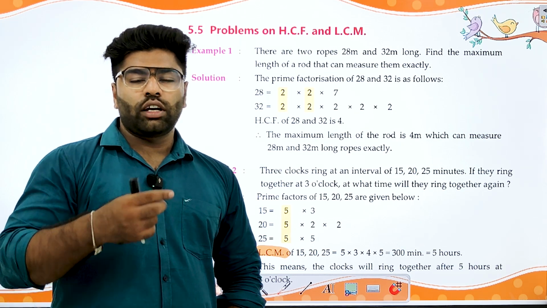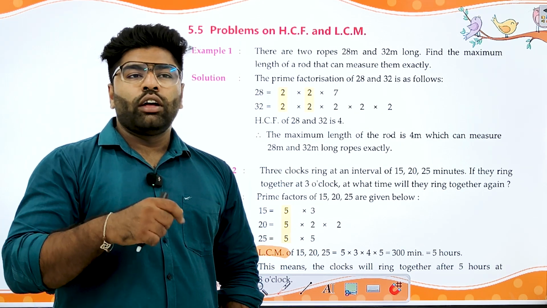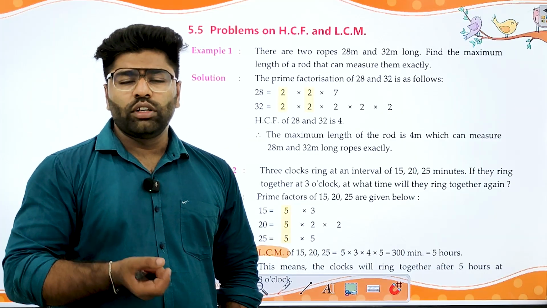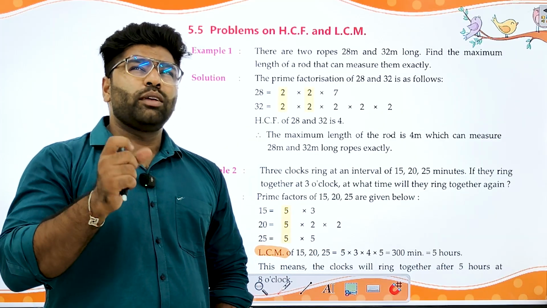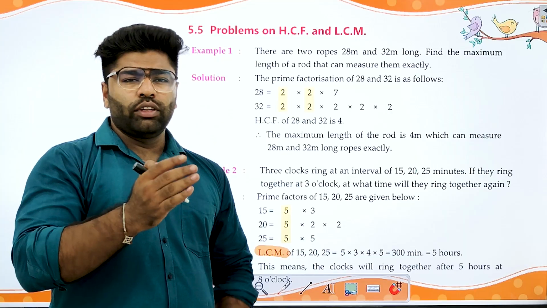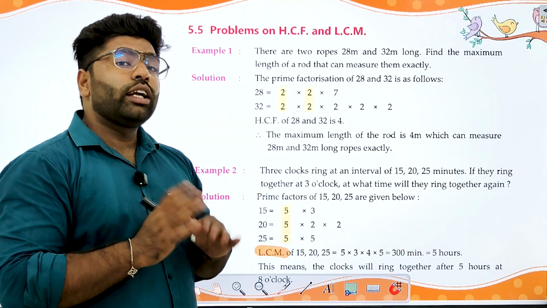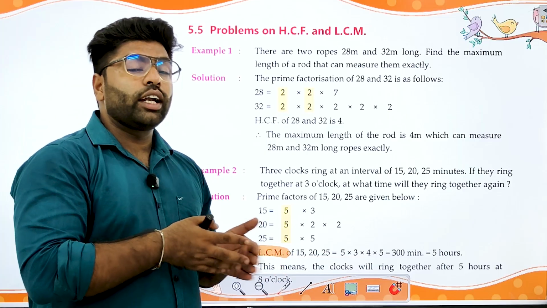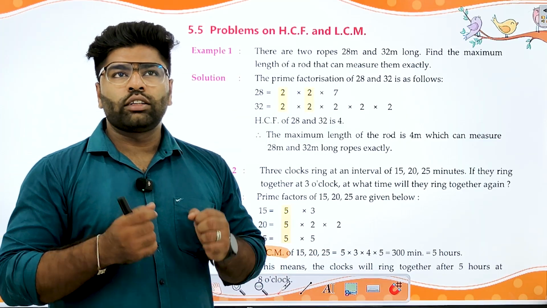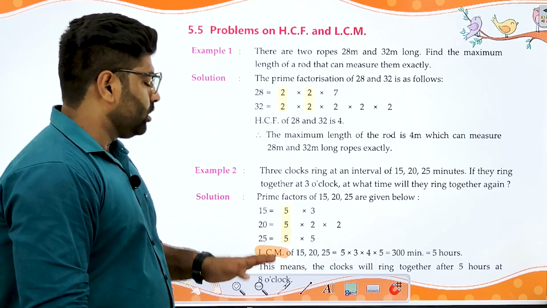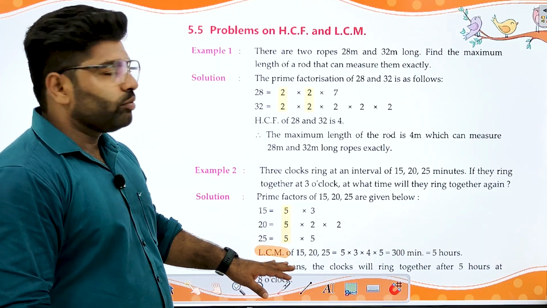When three racers are running on a lap, and these three racers have different speeds, but at some point they will coincide. At what time will they coincide, or at what speed will they have to run? For these kinds of questions, we have to use the LCM.